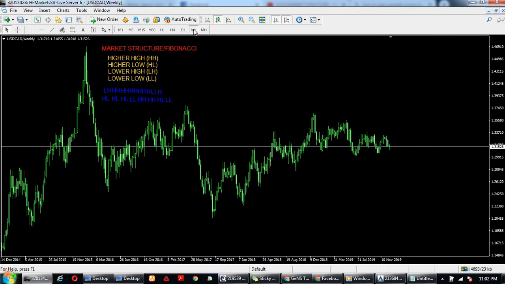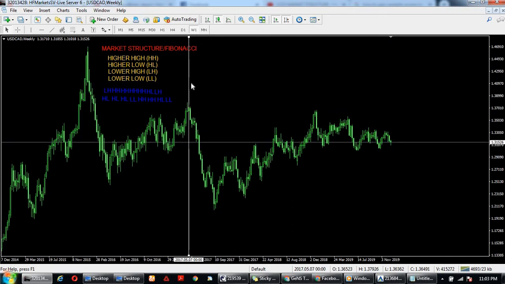So if we look at USDCAD from the weekly time frame, right from the 30th of April 2017, you can see that where the white vertical line is, we had the massive movement to the downside.